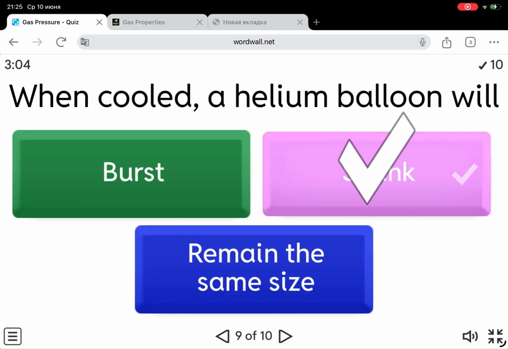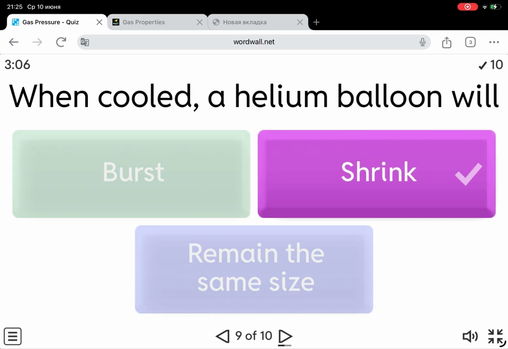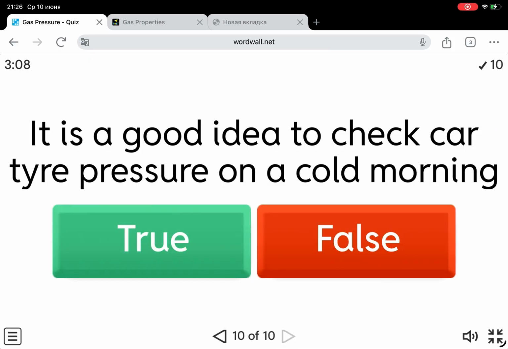When cooled, a helium balloon will shrink because pressure will decrease. Is it a good idea to check car tire pressure on a cold morning?